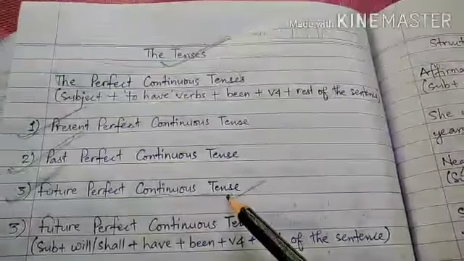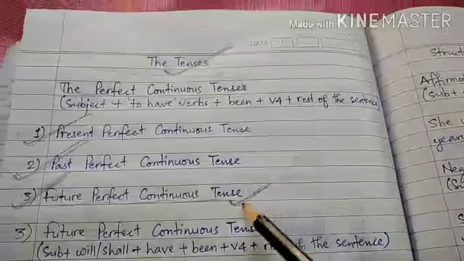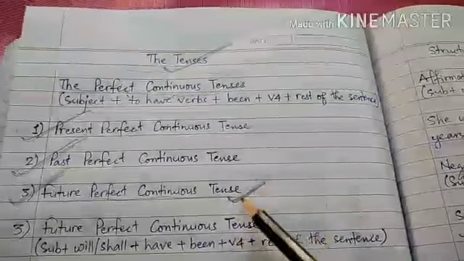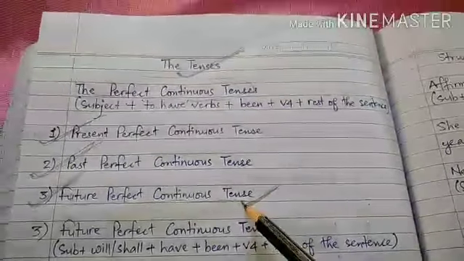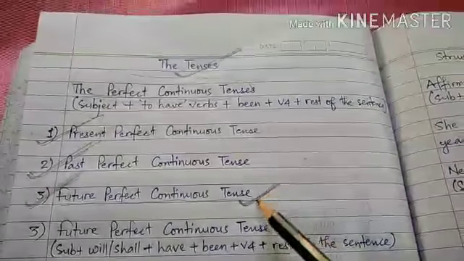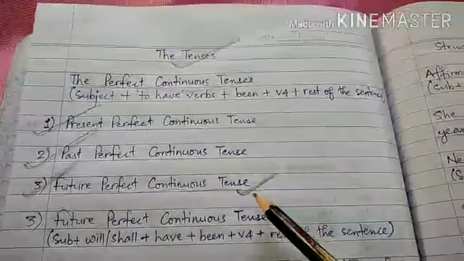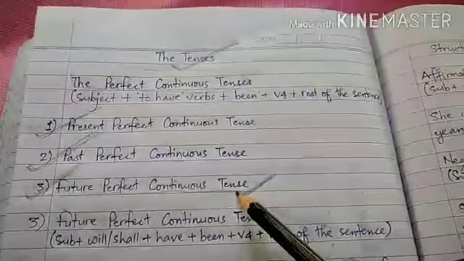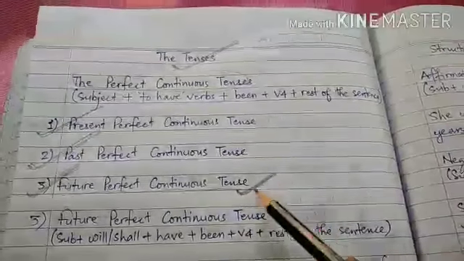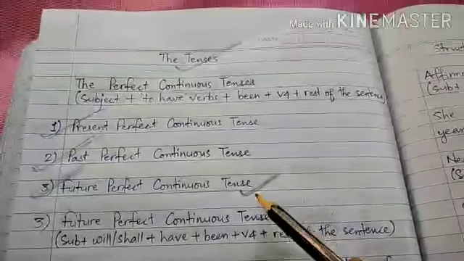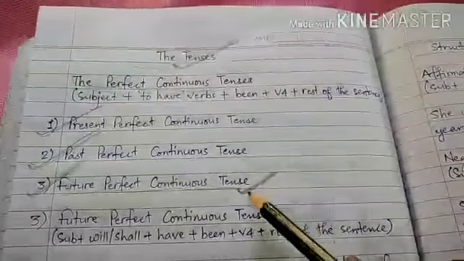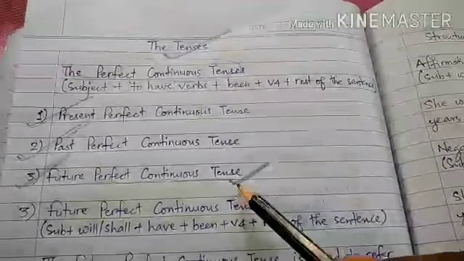This is our last tense from all the classification of tenses, and I want you all to listen to the explanation very carefully so that you clear your concept and understand the verb forms and the structure of different forms of sentences in the future perfect continuous tense.